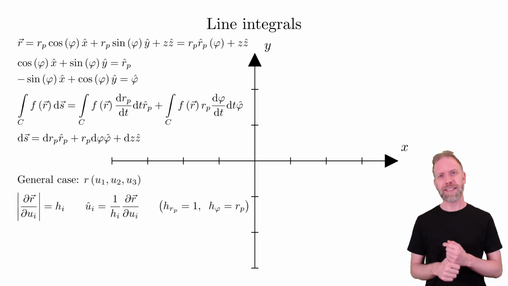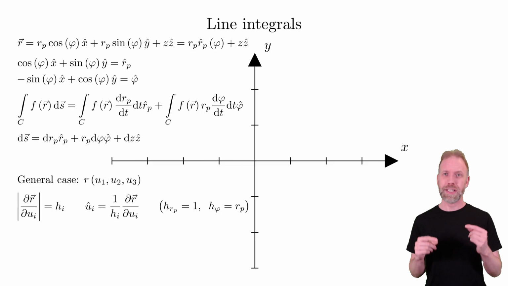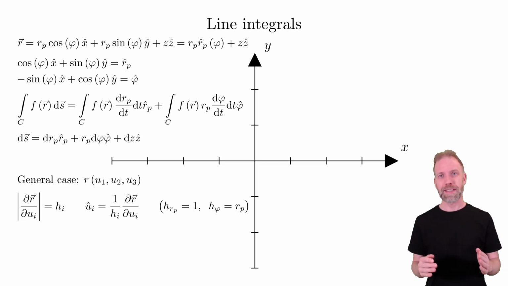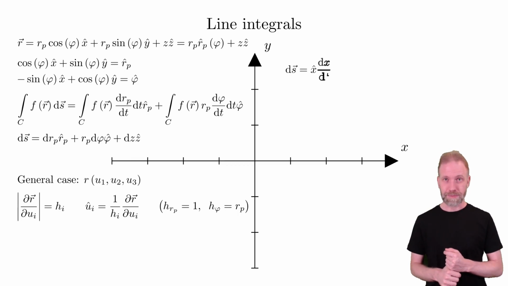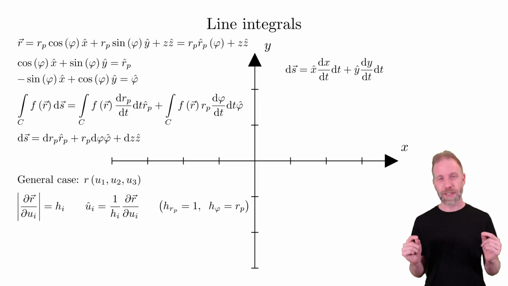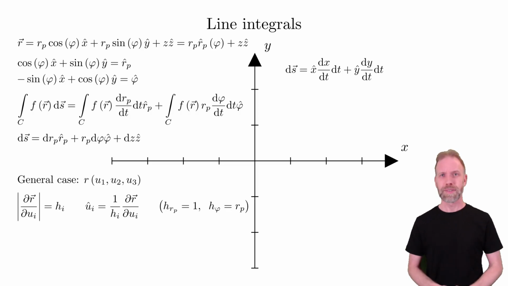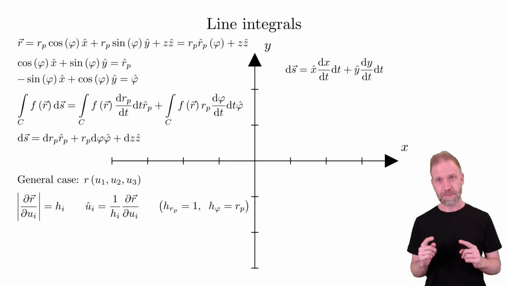Now I am going to take a step back and talk about the general case for how to find the line element ds. Let us demonstrate it first with the Cartesian coordinates. Write ds in Cartesian coordinates. ds is just a position.